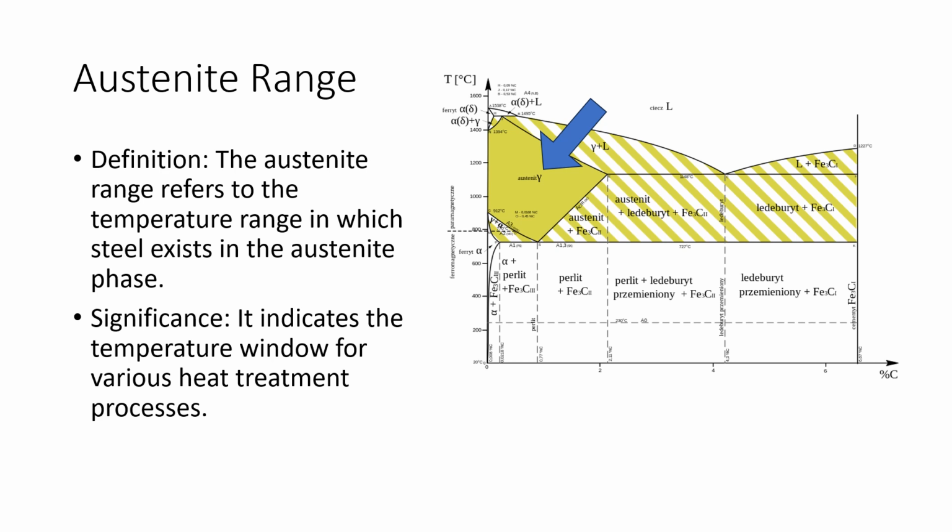It means that we've heated our material up and our material has gone from body-centered cubic into face-centered cubic, and it is just austenite at this point. This is going to tell us the temperature window for various heat treatment processes. What do we have to do to get our material to react and give us the mechanical properties that we're looking for when we heat it up and cool it down?